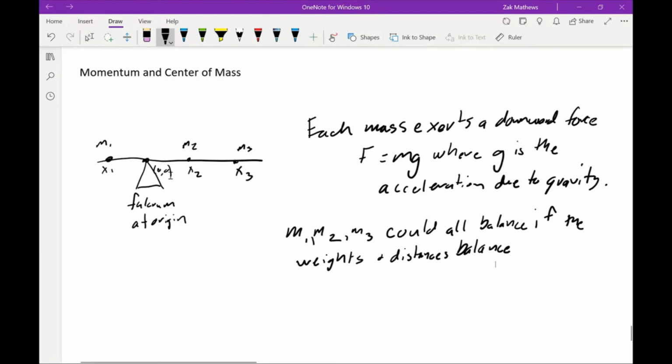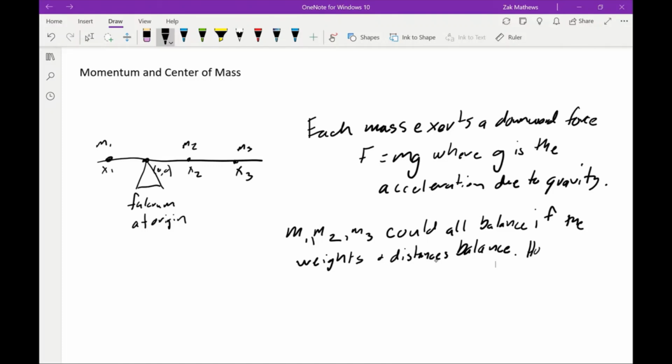So if all these weights and distances align, this mass would have to be smaller than this mass, and there's a second mass over there as well on the right-hand side. Together those two masses have to weigh less than the third one if that third mass is really that far out compared to the first mass. So if all those things balance out, then it won't move.